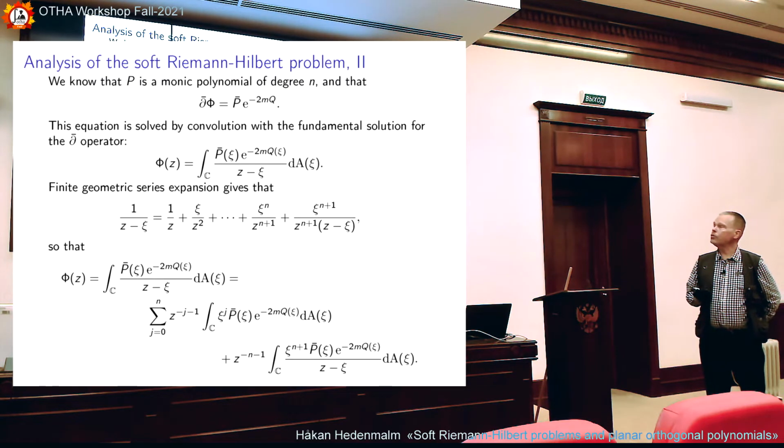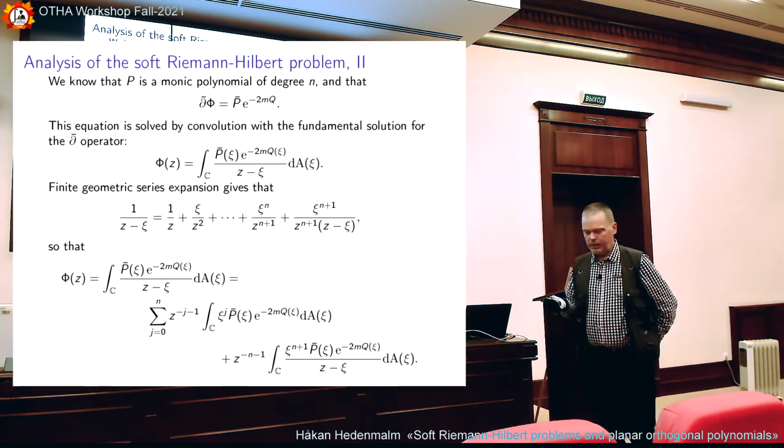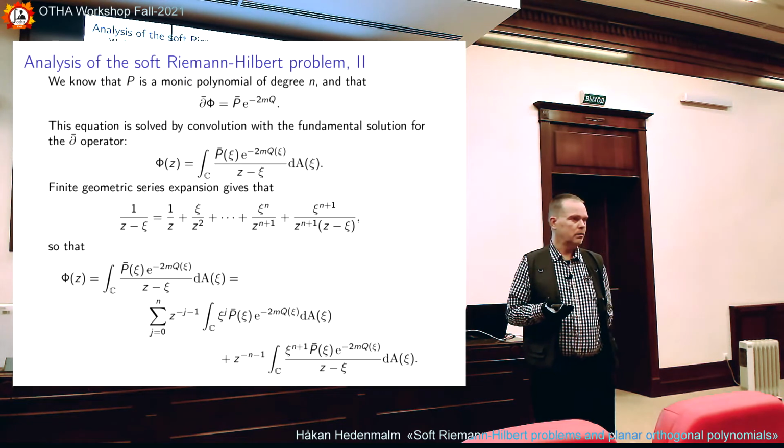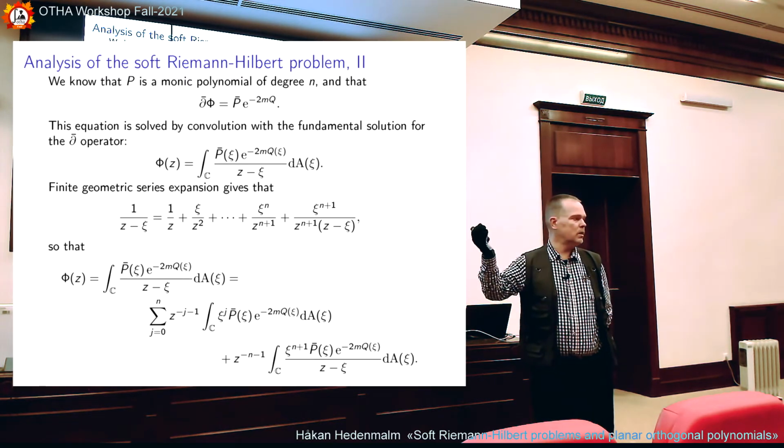So I give you also some insights now into why you get orthogonal polynomials this way, why this condition requires you to have an orthogonal polynomial. It's because of this beautiful expansion, which is just a finite geometric series. 1 over 1 minus x, we know it's 1 plus x plus x squared, and so on.